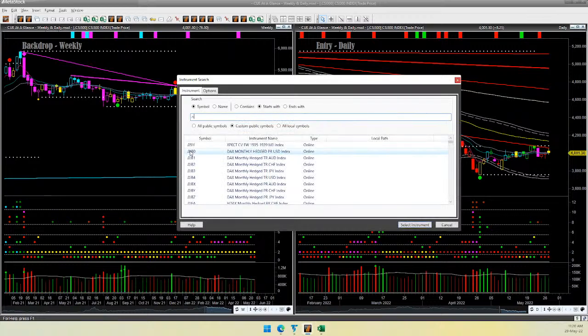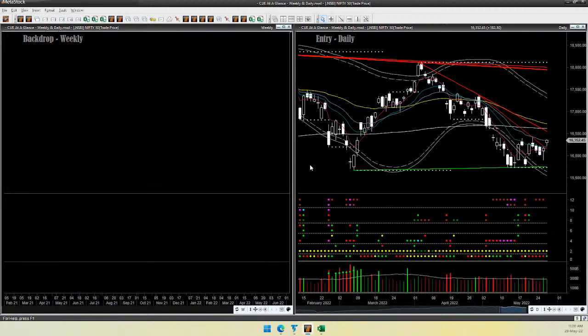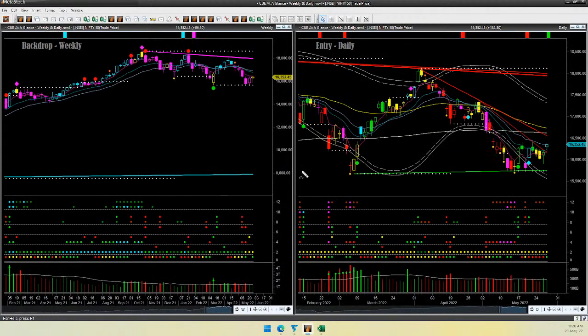India's Nifty 50. Nifty 50 recovered somewhat from the watermark support that is here, and also from the watermark support in the weekly chart.